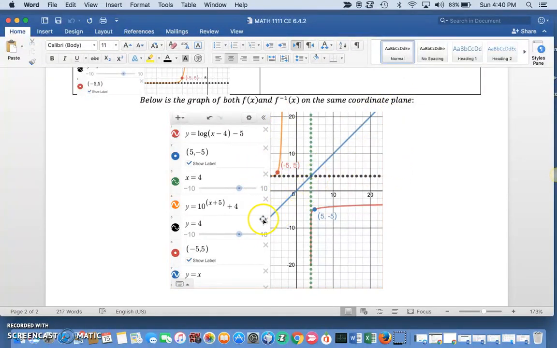This is the line y equals x, and the graphs are symmetric to that. This and that to the line should be the same distance. They are symmetric. It's kind of interesting to see how they mirror across that line. I believe that's the entire problem.